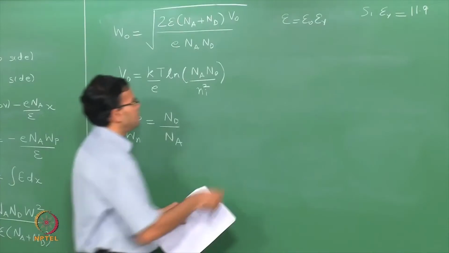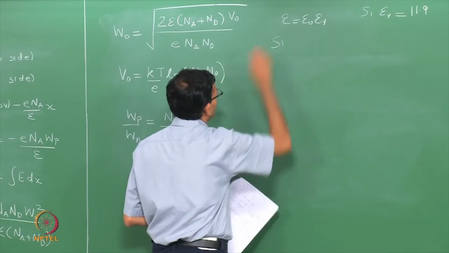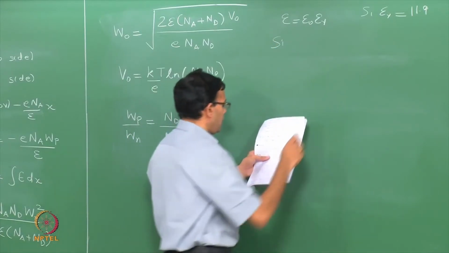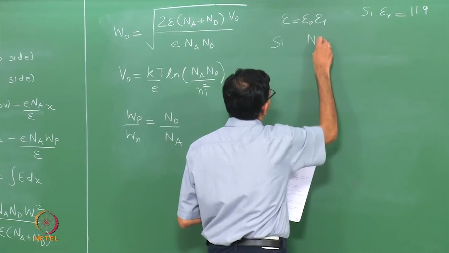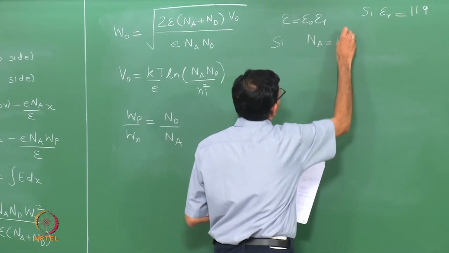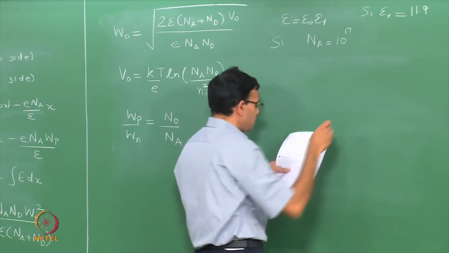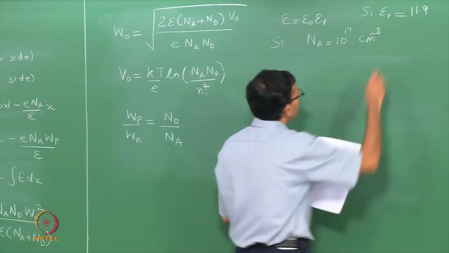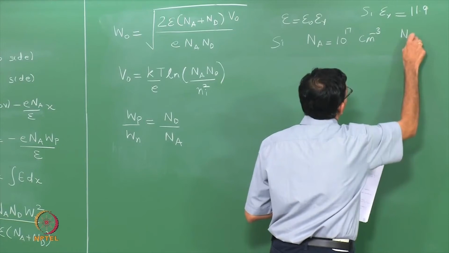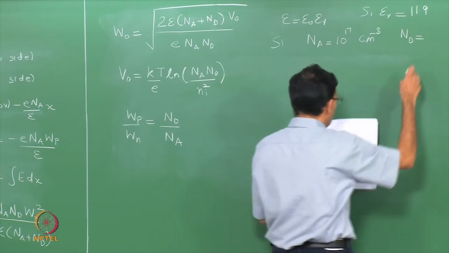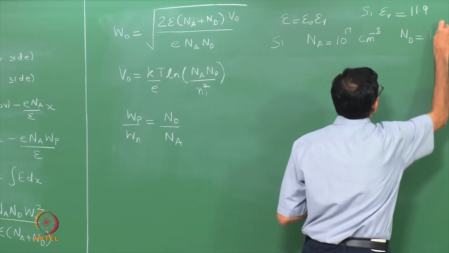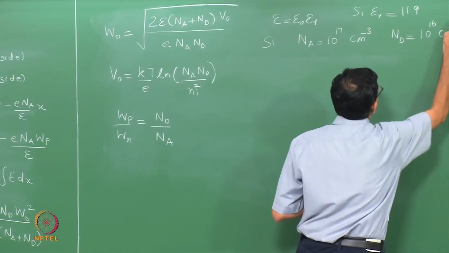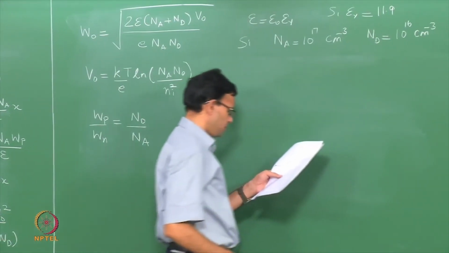We will take the example of silicon with acceptor concentration Na equal to 10 to the 17 per centimeter cube and donor concentration Nd equal to 10 to the 16 per centimeter cube.